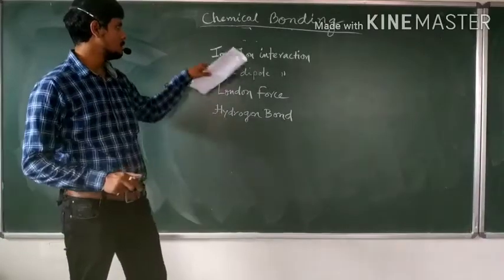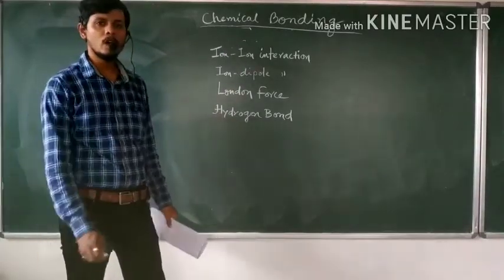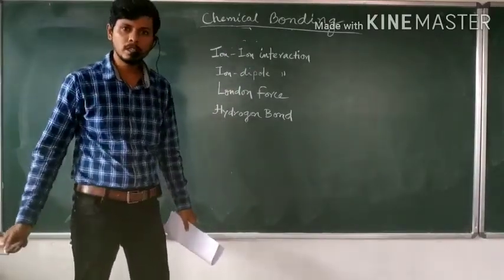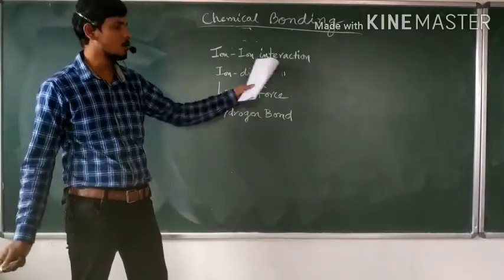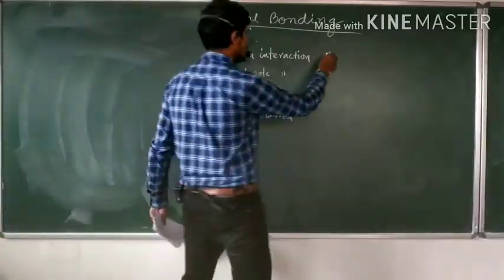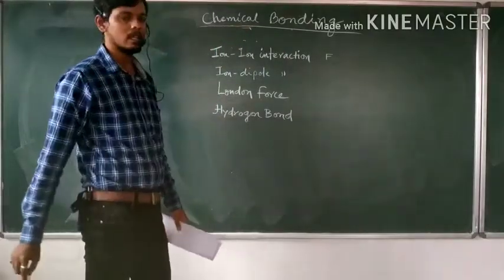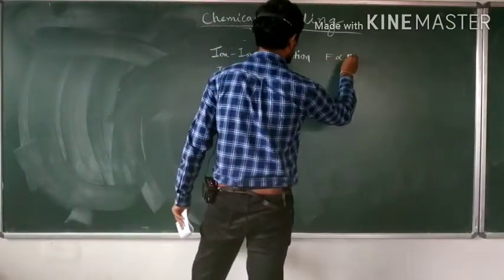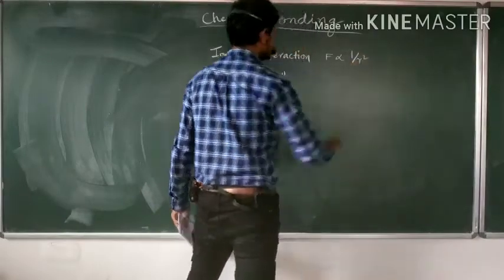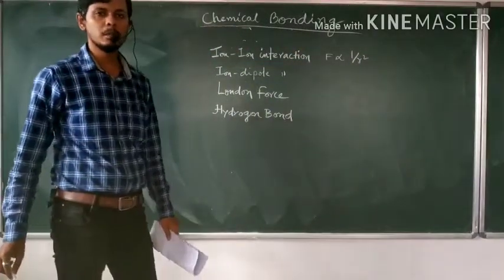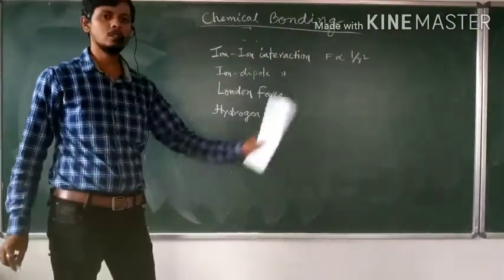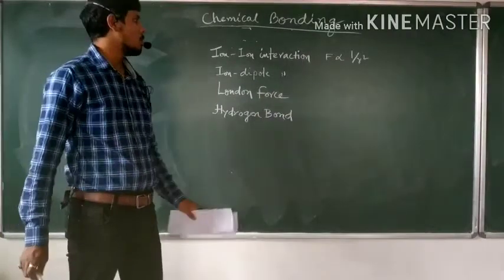Now, ion-ion interaction is electrostatic interaction or Coulombic interaction, which follows Coulomb's law. So, this force in the ion-ion interaction is inversely proportional to r square, the distance between the interacting species.